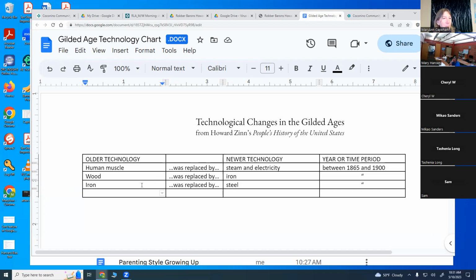A lantern? Powered by what? What was the energy source? Fire. Fire in a lantern? Candlelight.